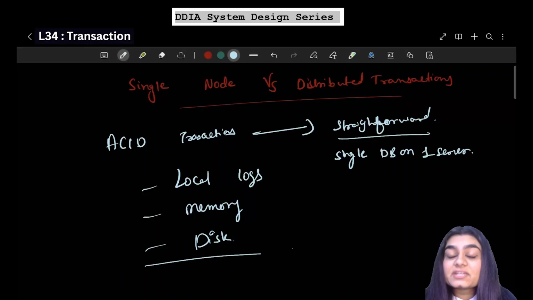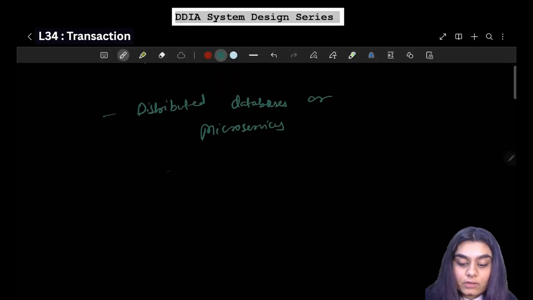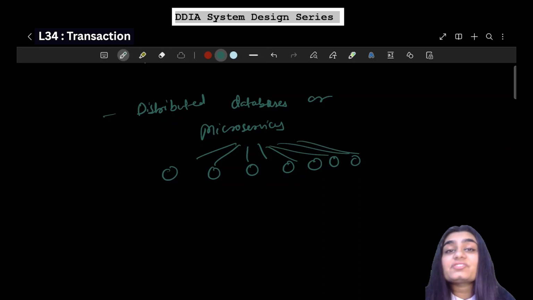However, modern applications often use distributed databases or microservices where data or workload are spread across multiple nodes or services. Ensuring transactional properties in a distributed context is more challenging and involves a lot of trade-offs.